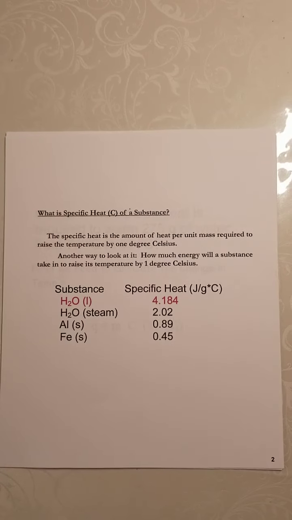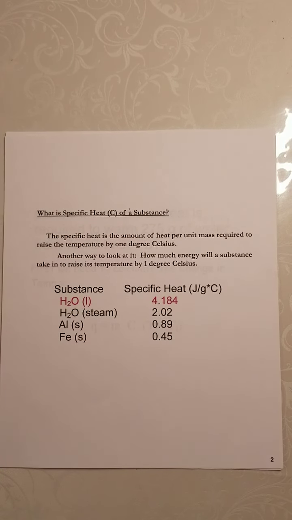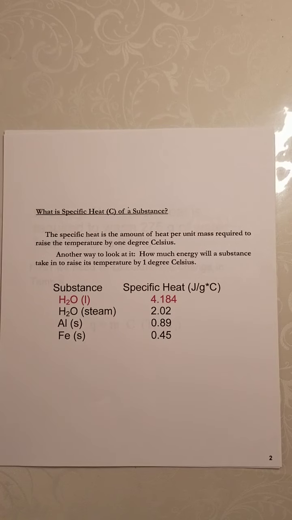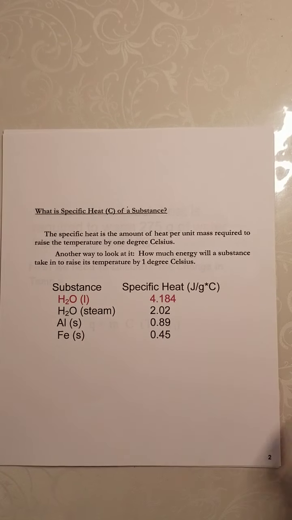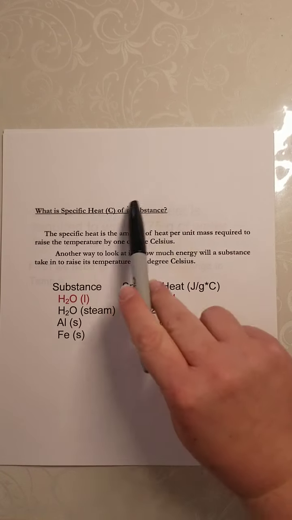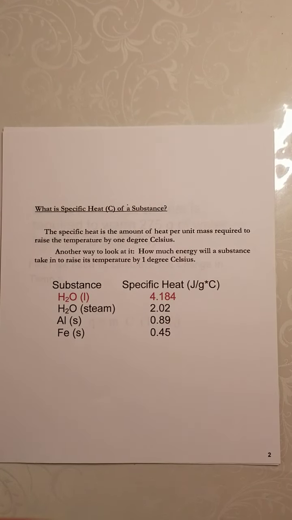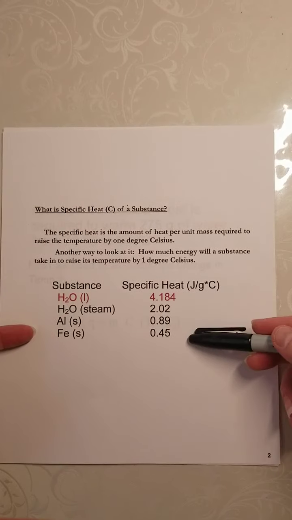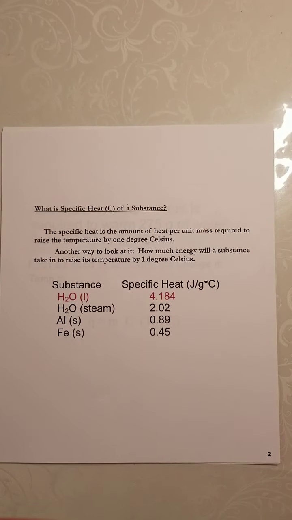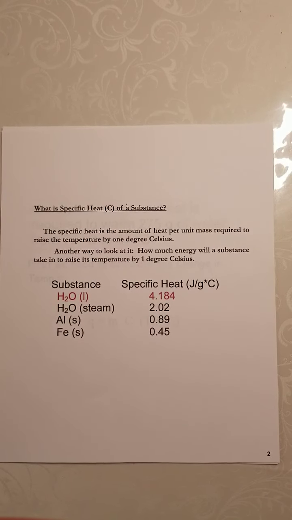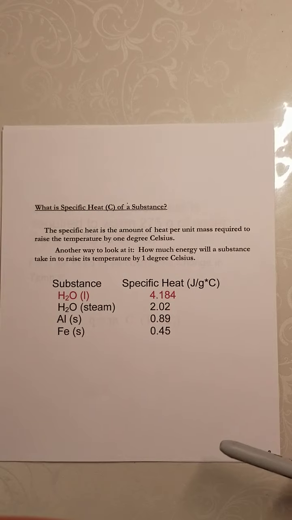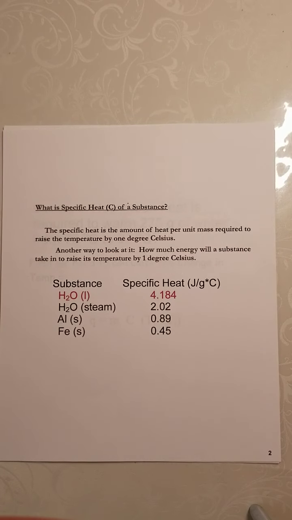So you might be asking, what exactly is specific heat? Remember, guys, you should be taking notes, so have your notebooks out. Take notes on all of this, please. The specific heat of a substance is different for different substances, which is why I gave you a few down here so you can see the differences. The specific heat is how much energy a substance needs to take into itself to raise the temperature 1 degree Celsius.